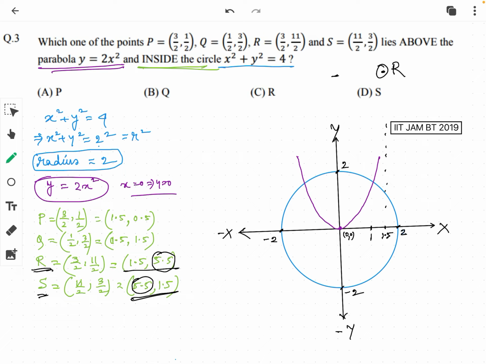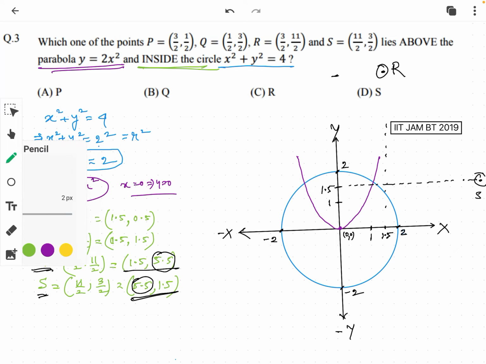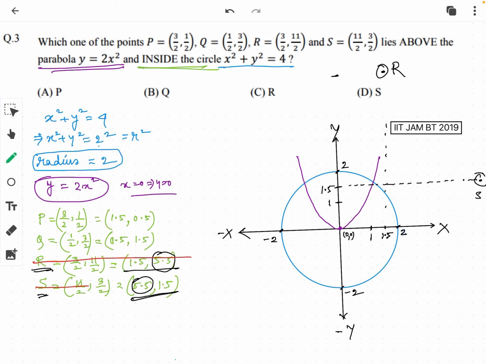If we go along this way, somewhere here would be the point S, which is of course outside the circle. So these 2 points would be eliminated first.